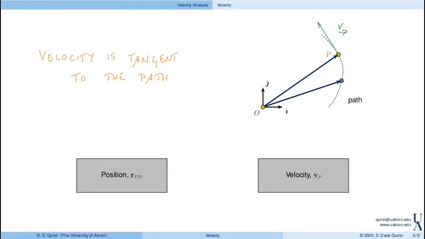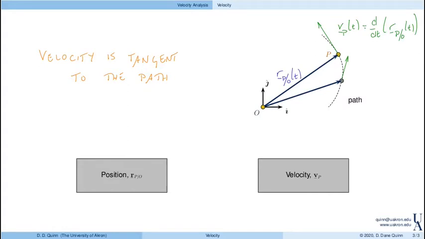Here the velocity of p at some time t, and this would be the position of p at time t, is defined as the derivative of the position. Again, the velocity is the derivative of position. If at this earlier time I determined the velocity, I'd get something in this direction, because this is the direction that is tangent to the path.